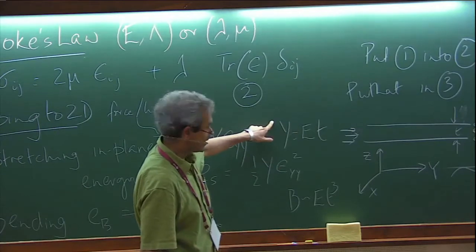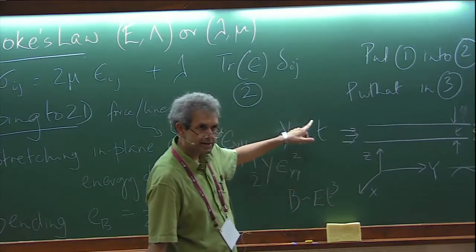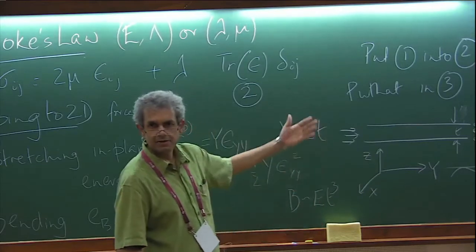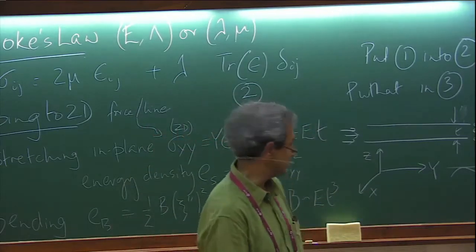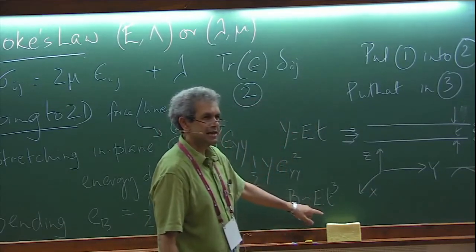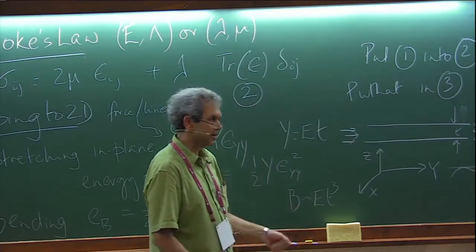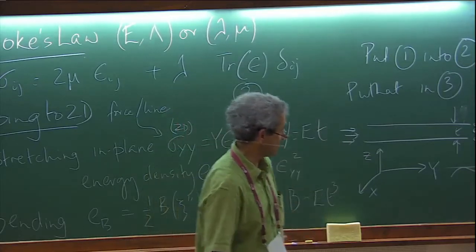This is 2 length dimensions more than this. But if, for example, you use the size of the sheet to compensate for those dimensions, then you can see already from this that as thickness becomes smaller and smaller, bending becomes easier and easier. This becomes a really small number. We'll talk about that a little bit more.